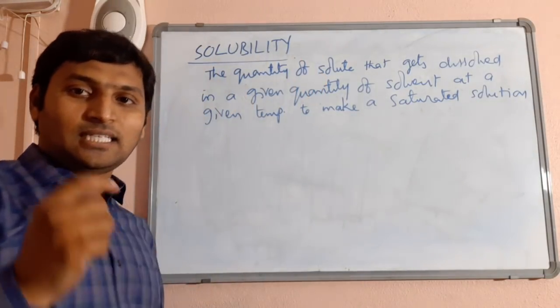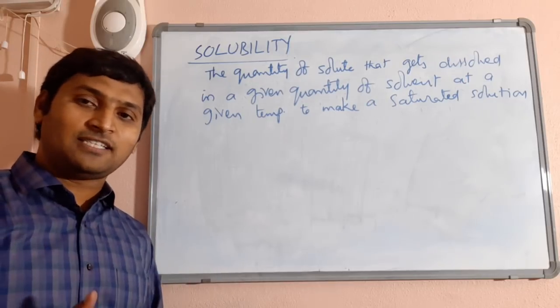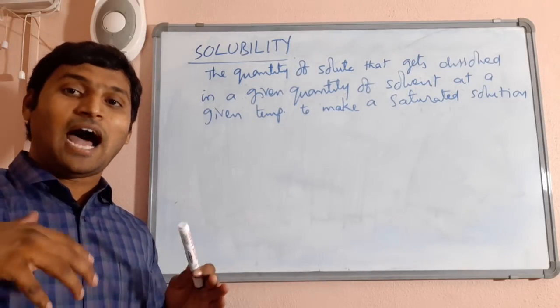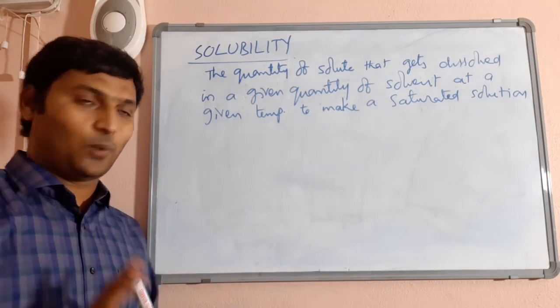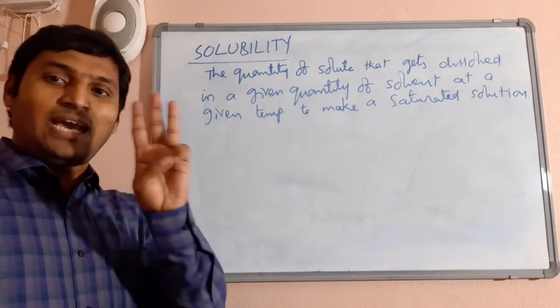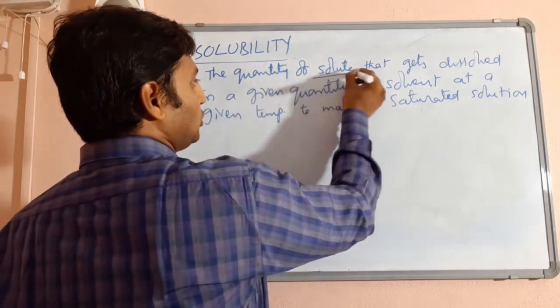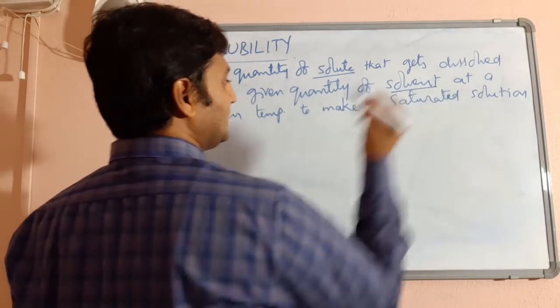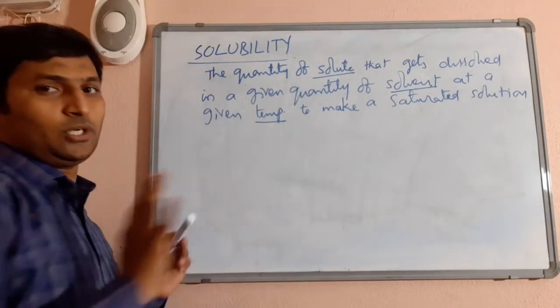See, the term saturation and the term solubility are interconnected. I can't define solubility without using saturation. I can't define saturated solution without using the word solubility. Now, understand the three key words in this definition: the solute quantity, the solvent quantity, the temperature to make a saturated solution.